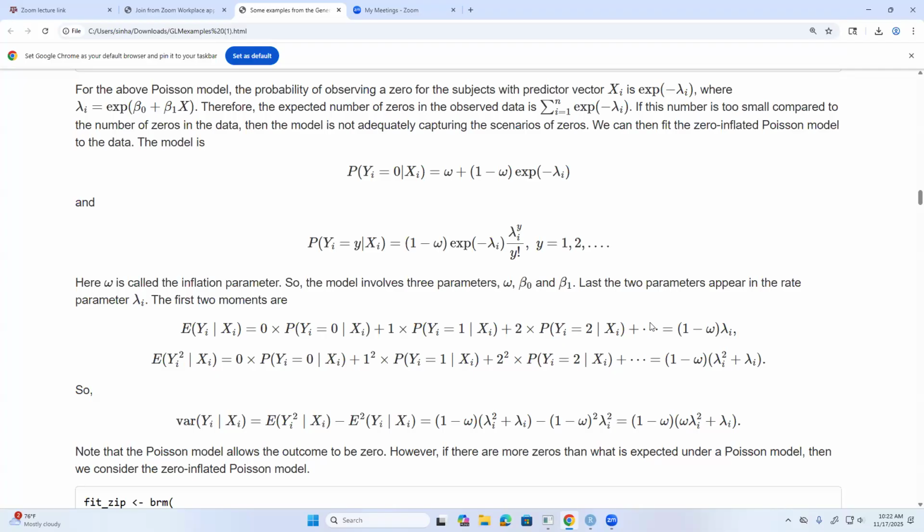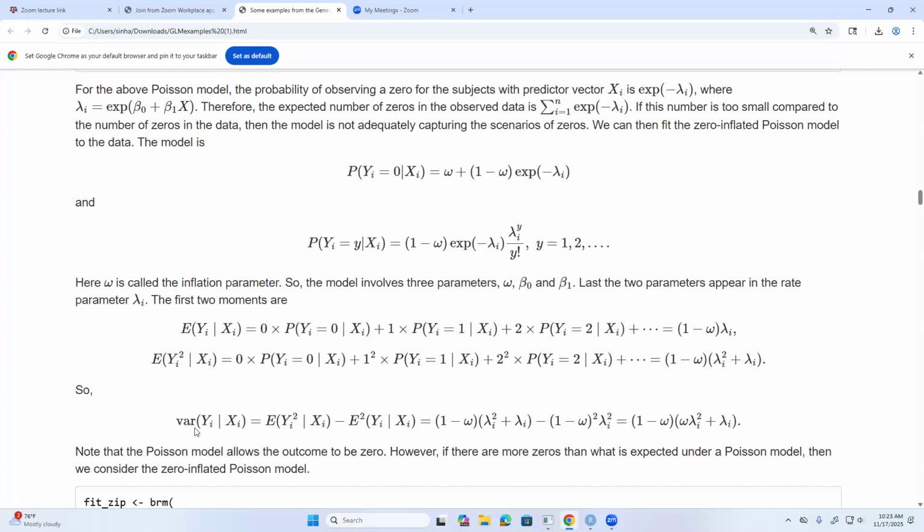So that is why we call it inflation. Inflate the probability of zero. That is why we call it inflation parameter, omega. And expectation of yi given xi is no longer simply lambda i, as in the Poisson case, it is 1 minus omega times lambda i.